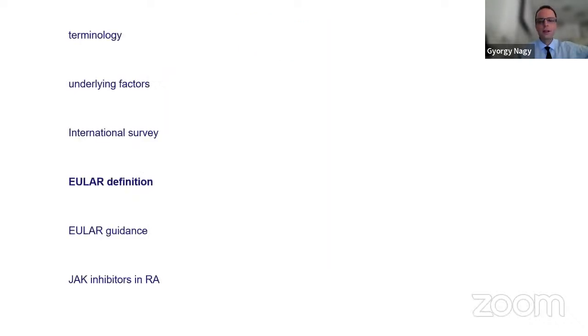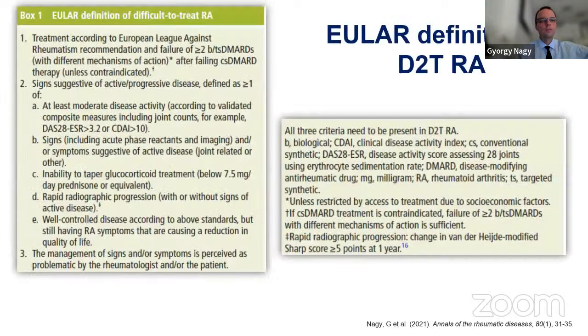So here we had the basis of the difficult to treat definition, and here you see the definition. Actually, this is what Chris already showed us. In the EULAR definition, which was published in the Annals of Rheumatic Diseases some 1.5 years ago, we had 3 different parts. The survey was also published in the Annals of Rheumatic Diseases 4 years ago. The first is regarding the treatment failure history.